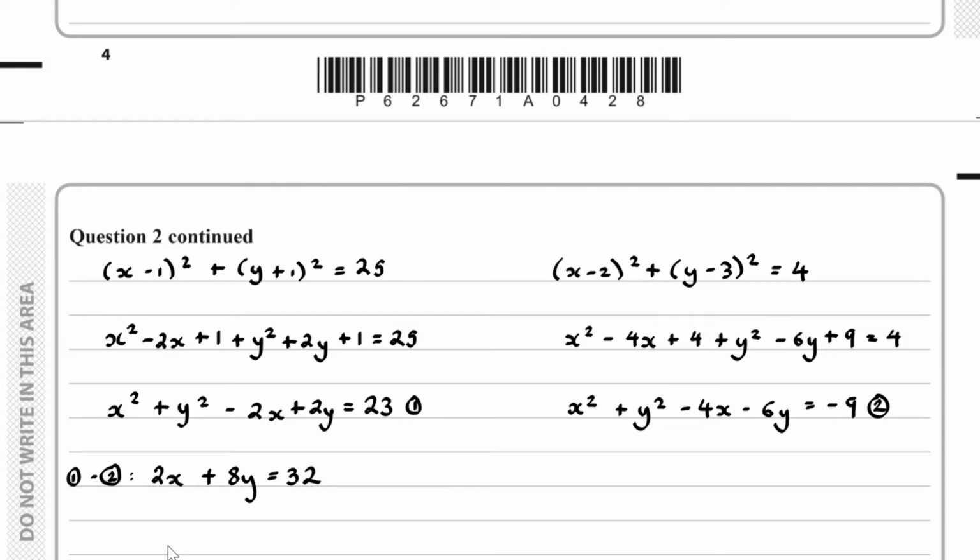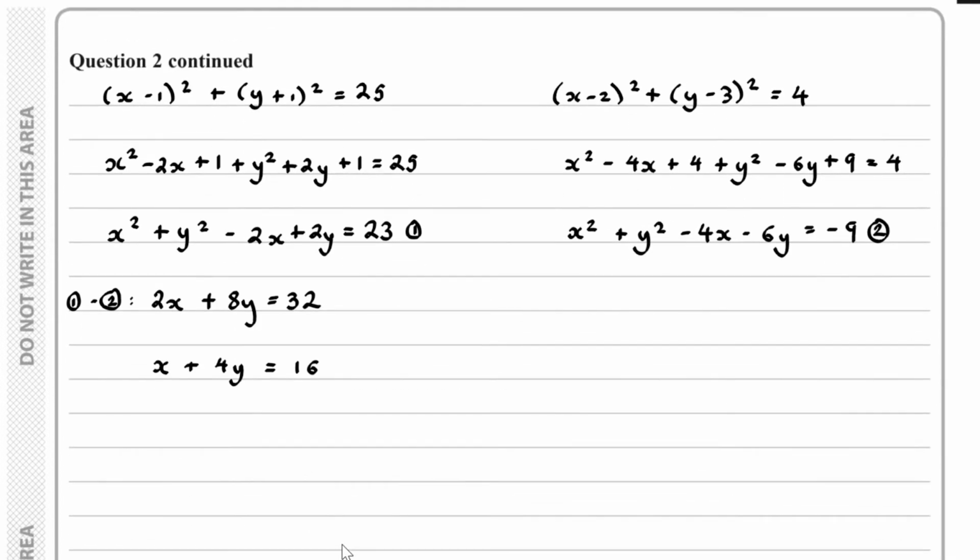If we divide through by 2, we've got x plus 4y equaling 16, and if we rearrange to make x the subject, you can see x is equal to 16 minus 4y. We'll call this equation number 3.